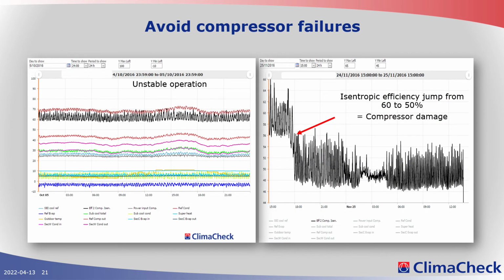This is an example of a very unstable system. It's operating with unstable evaporation continuously, and we can see how everything is varying, including the compressor efficiency.